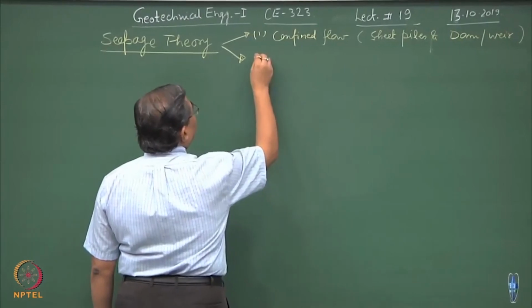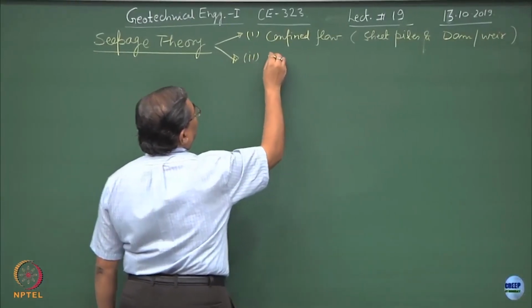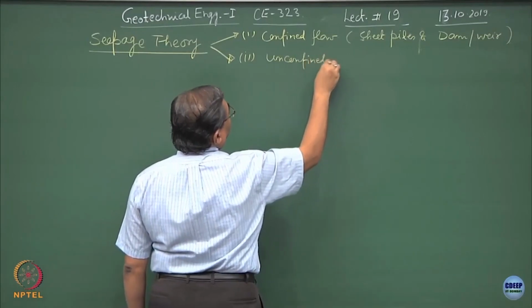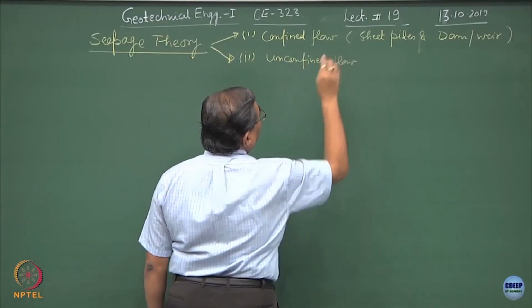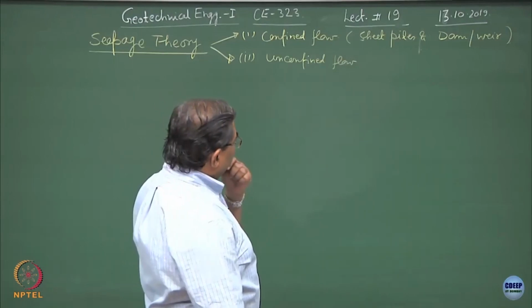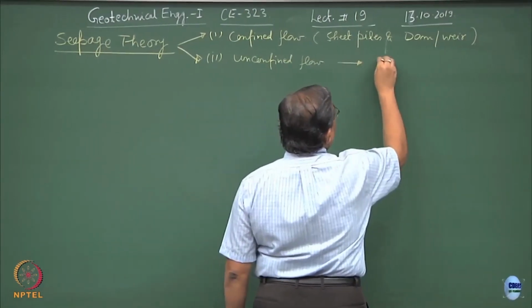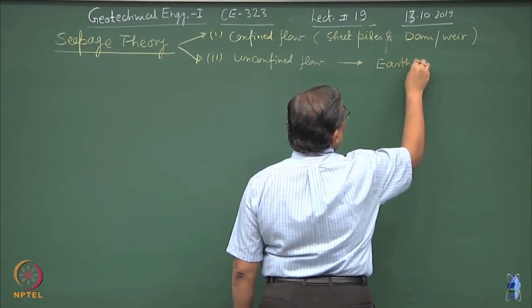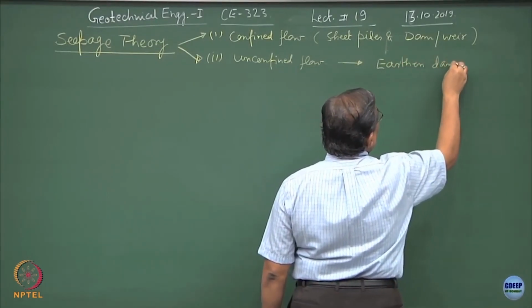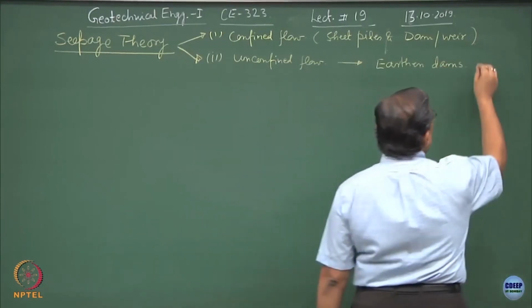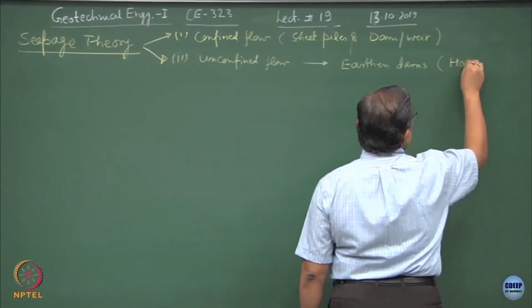In today's class, I will be discussing the unconfined flow, which is a characteristic of earthen dams, and particularly homogeneous cross sections.